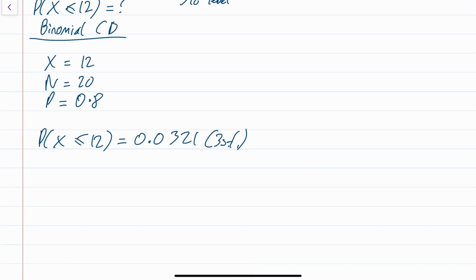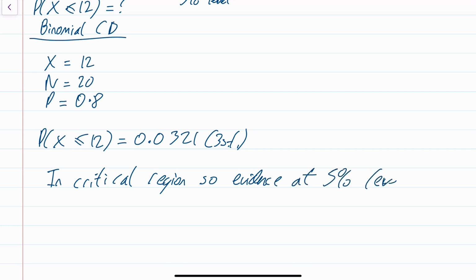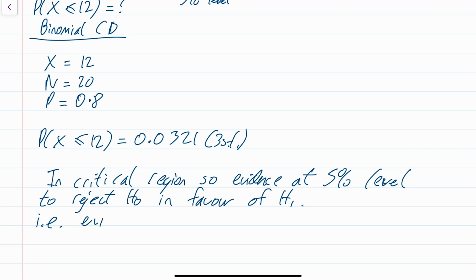I would just say, in critical region, so evidence at 5% level to reject H0 in favour of H1, and that just means, i.e., and then relate it back to the real world situation, evidence to back up the doctor's claim.